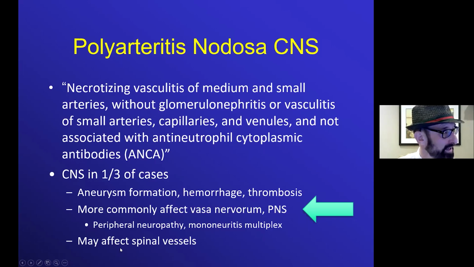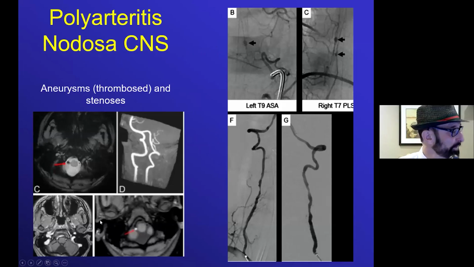And interestingly, polyarteritis nodosa may affect spinal vessels. In fact, I have a good case thereof. So aneurysms in the brain and stenoses. This was a patient who had aneurysm of the vertebral artery with a small pseudoaneurysm. And you could see that thrombosis of that aneurysm on the fat-suppressed T1 weighted scan.